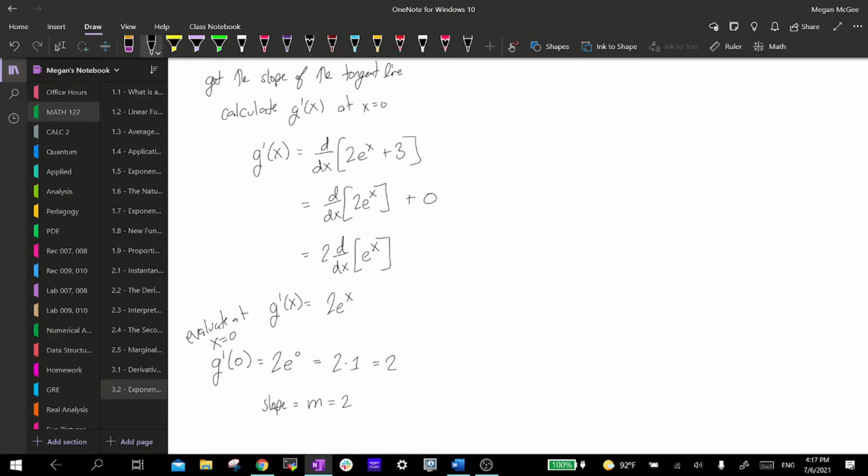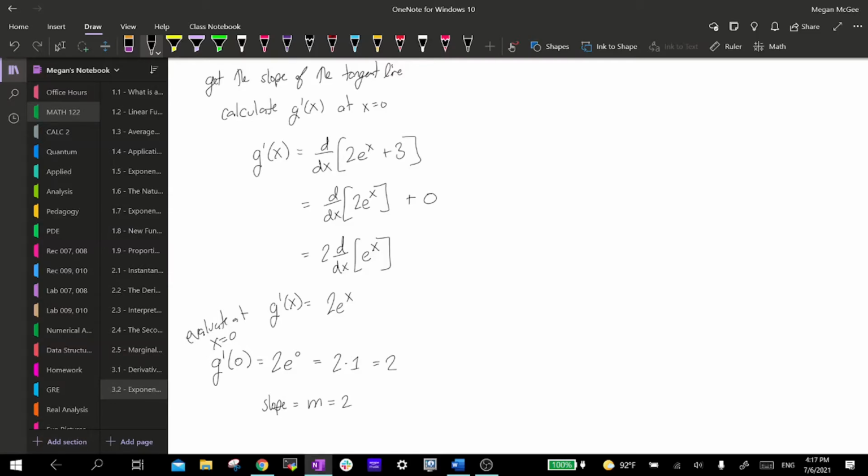And remember the last time we were looking to find a tangent line equation, we looked at the slope-intercept form, and we also looked at the point-slope form. And we ended up using the point-slope form. However, we were missing a piece that we had to find. So we have a slope, and we have half of the point.